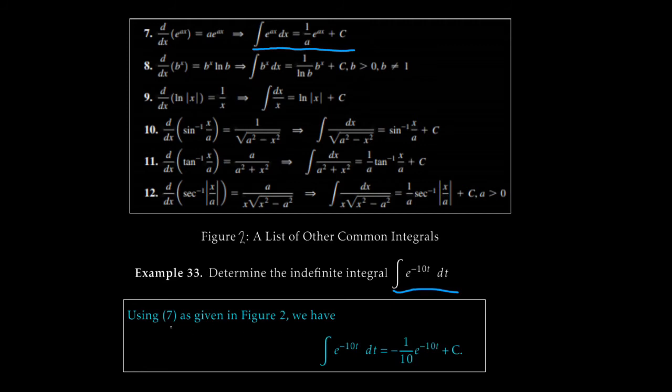So, using number 7 as given in figure 2, we just replace that a with minus 10. And we end up with minus 1/10 e to the minus 10t plus c, where c is an arbitrary constant. Those are all of the functions that have e to the minus 10t as a derivative. Cool. Another one down. Let's do one more.